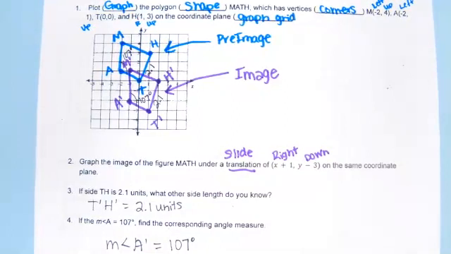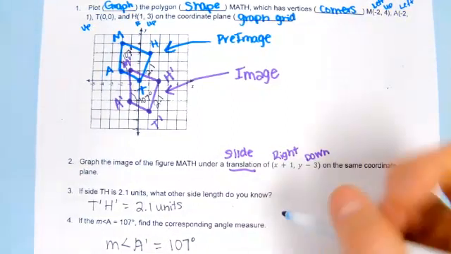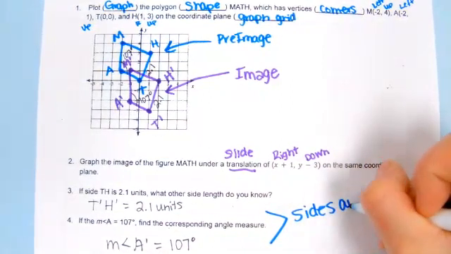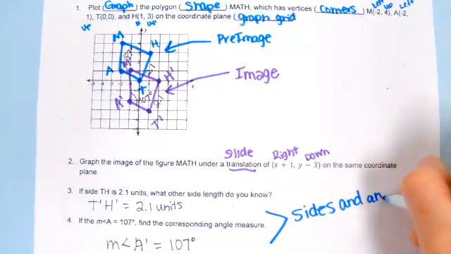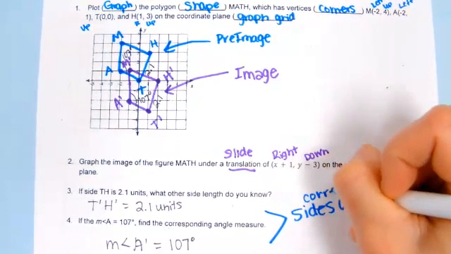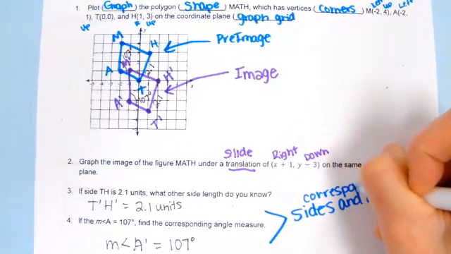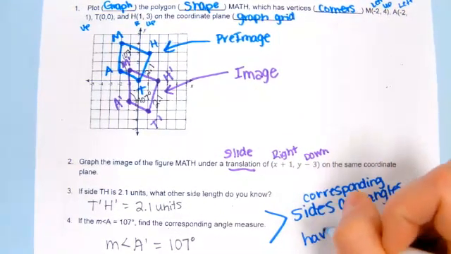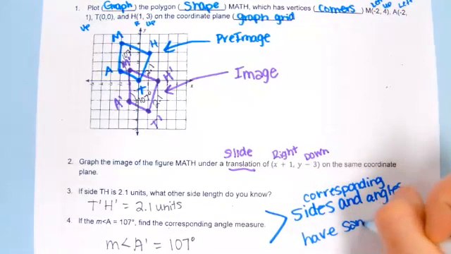We know that because corresponding sides and angles have the same measurement. Same measure.